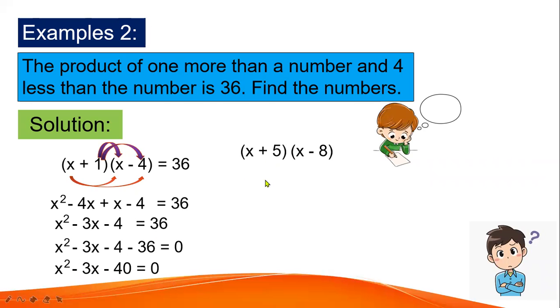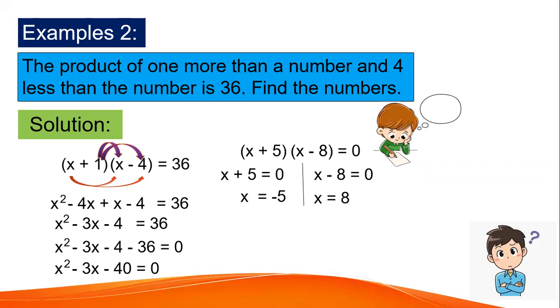So we are using simple quadratic trinomial. Then equal to 0. Then after that, using x plus 5 equal to 0, and therefore x equals negative 5. Then the other one is x minus 8 equals 0.